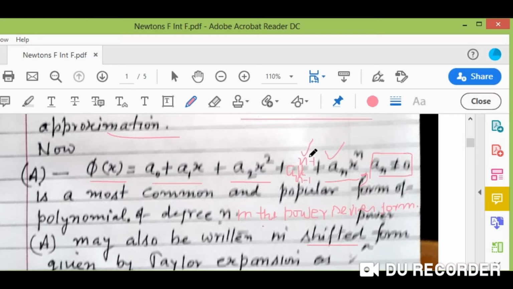Therefore, one condition is made about this an, that it is not equal to 0, so that the degree of the polynomial is not affected in any way.